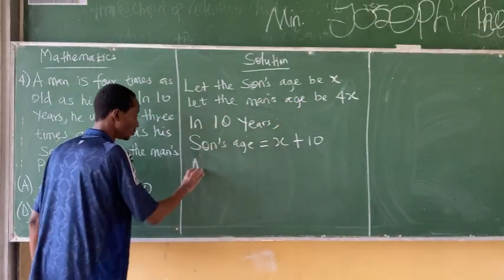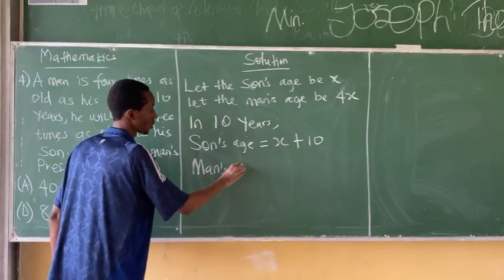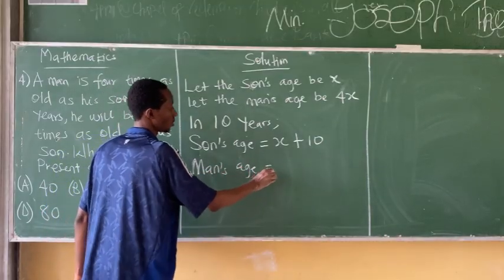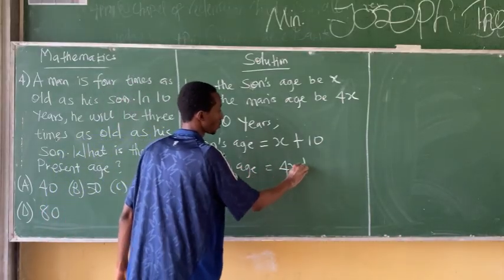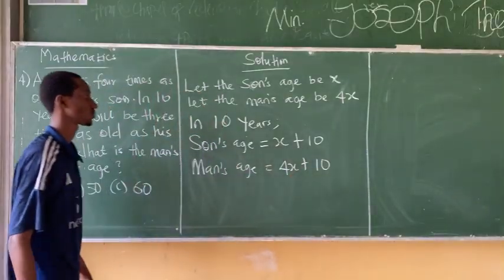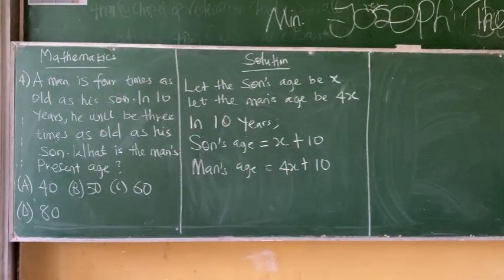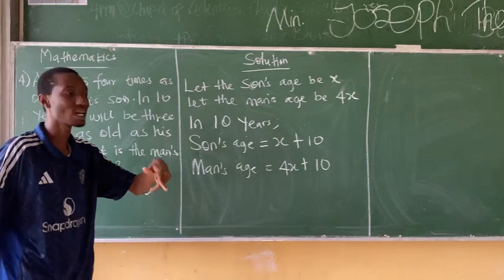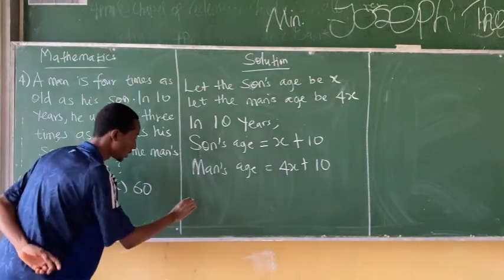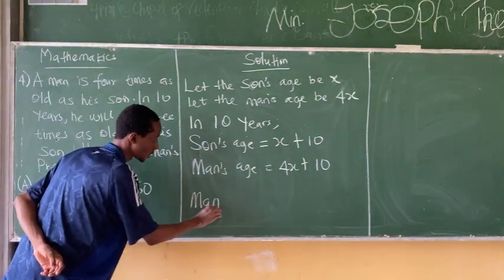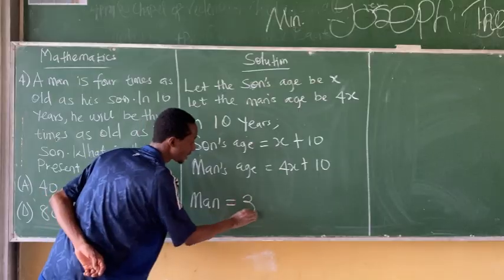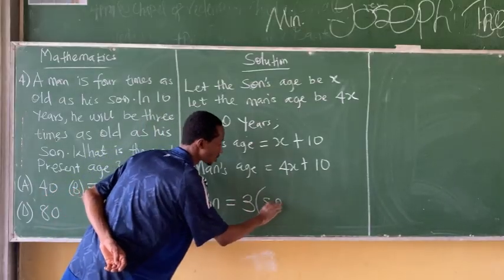The man's age will also be 4x plus 10. He also said the man will be 3 times as old as his son. Means the man here will be 3 times his son's age.